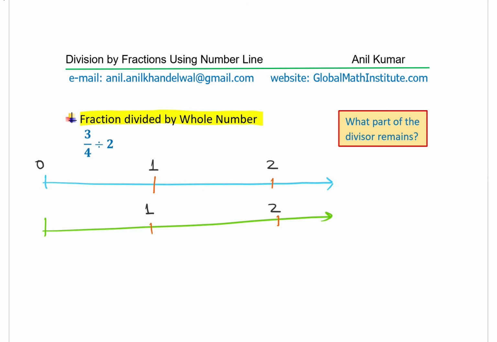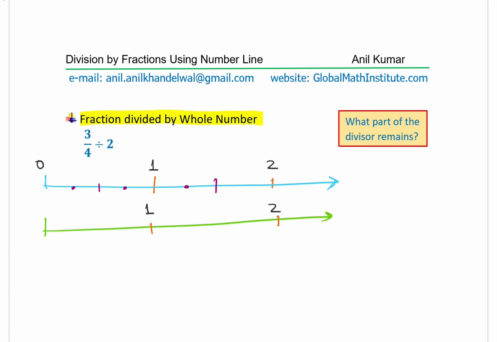We have to divide 3/4 by 2. So to get 3/4, which this time happens to be in the numerator, we'll divide this 1 into 4 equal parts. Correct. So let's divide this into 4 equal parts. So 4 equal parts.